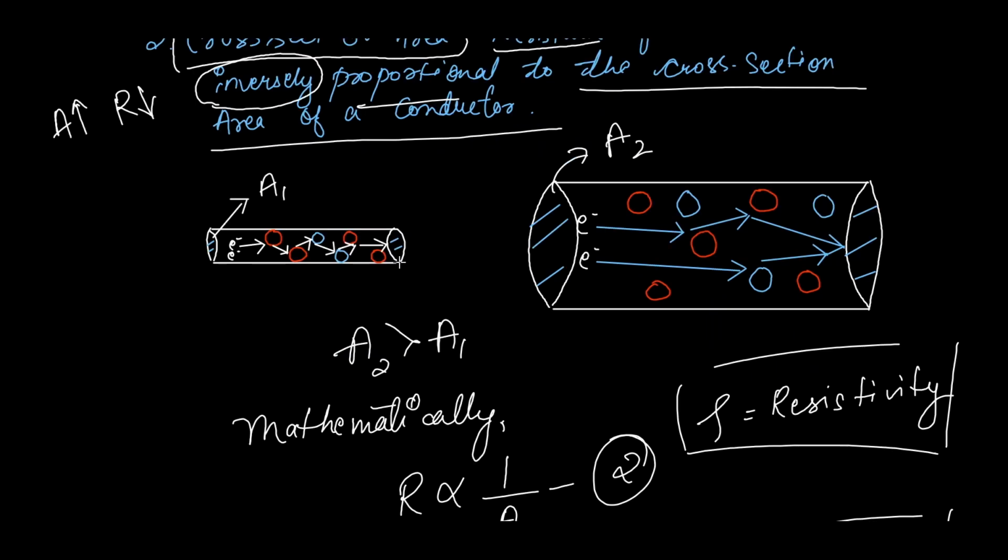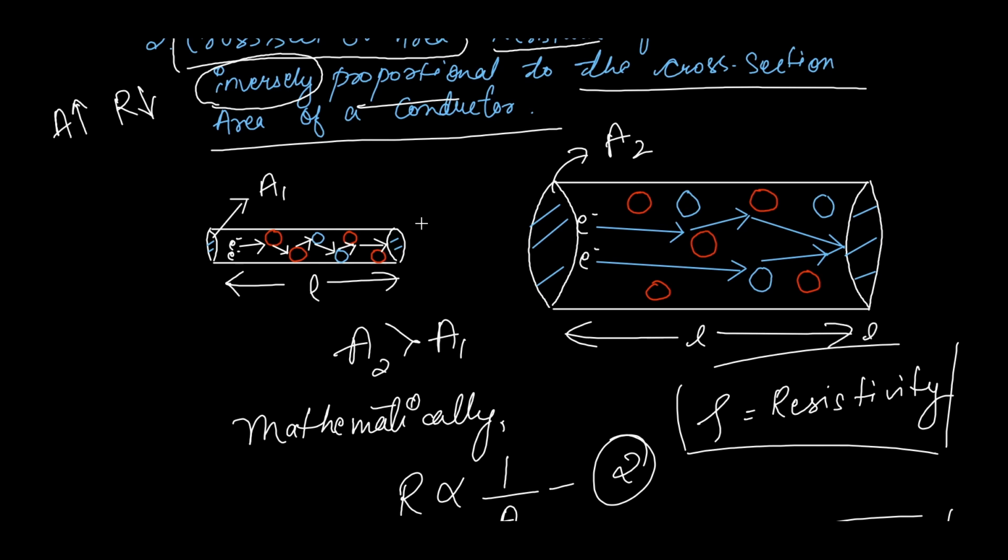First, let us see here what is going to happen, and then we can discuss it. I have made two conductors, and assume they both have the same length, so there is no change in length. This is L, and this is also L.